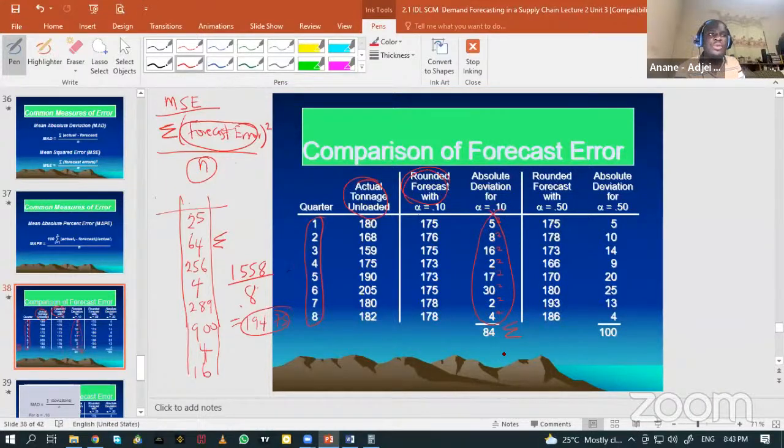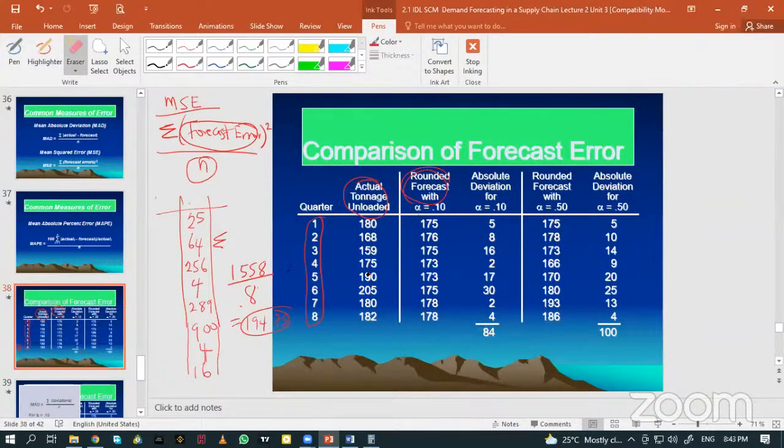I don't know if you're getting the point. Yeah, I get it. So please, we are following the dictates of the formula. Thank you for understanding.